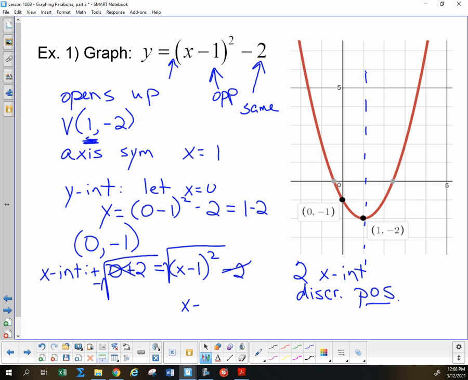So now I have x minus 1 is plus or minus the square root of 2. So x is, if I add the 1 now to both sides, 1 plus or minus the square root of 2.